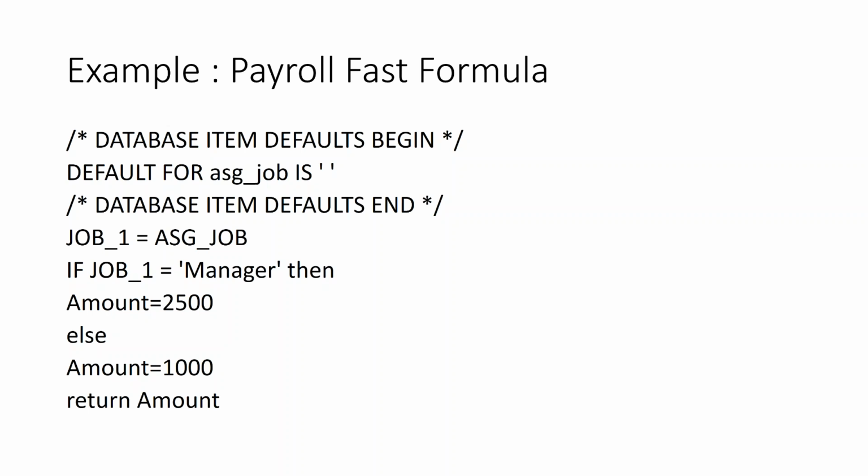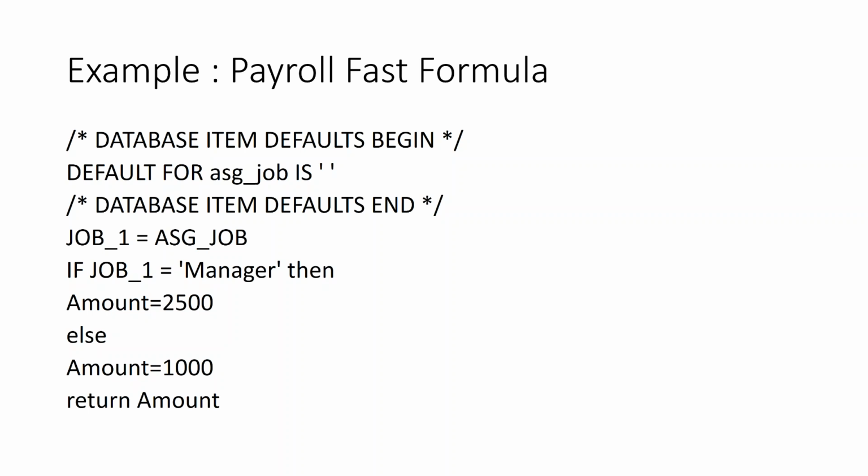So this is a very simple fast formula. In plain words, what this fast formula does is check the job of an employee, and depending on a particular job, it returns the amount of an element. So let us consider this is the basic salary of an employee. This formula is calculating the basic salary. What it does is check the job.